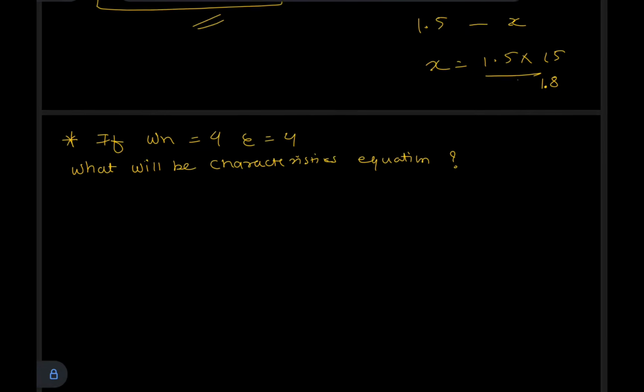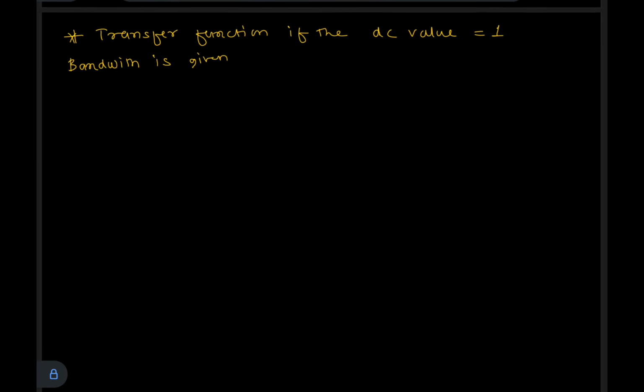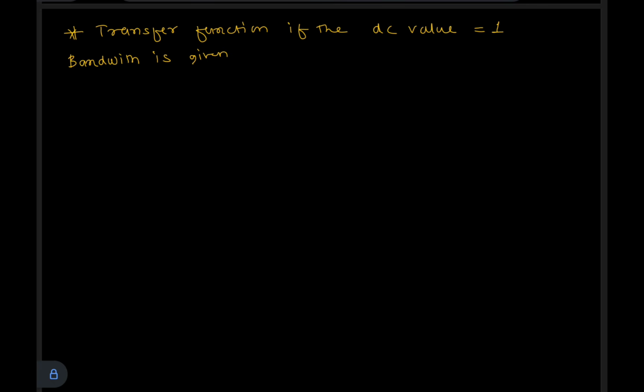Okay, then there was also one more question where they asked to calculate the characteristic equation when the natural frequency and damping factor are given. You know the characteristic equation is this, right? So directly calculate. And then they also asked to calculate the transfer function when the DC value is given. So this is DC value into bandwidth.